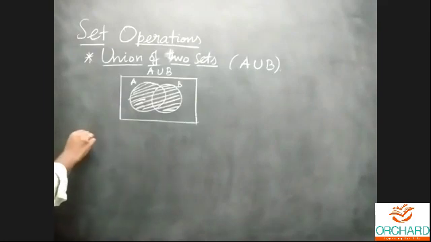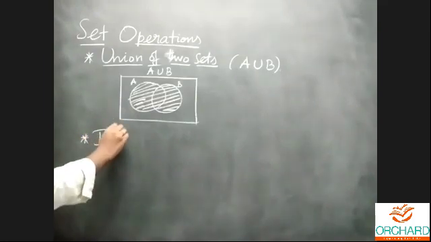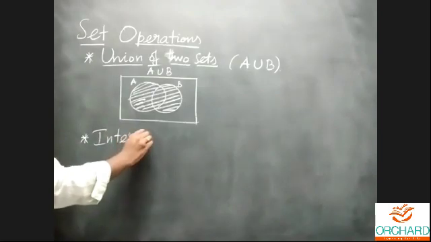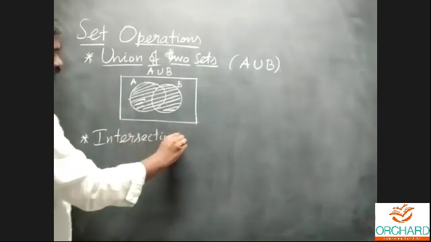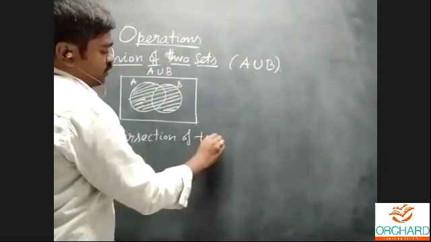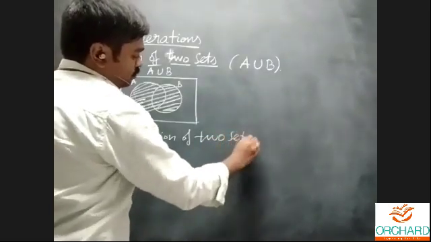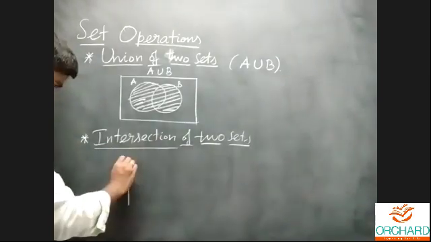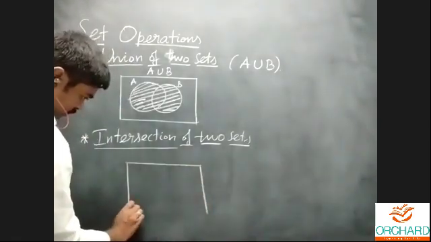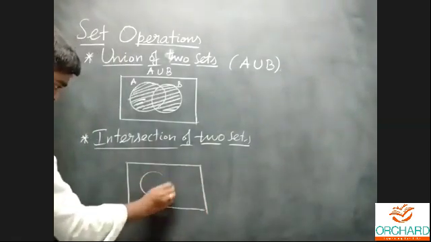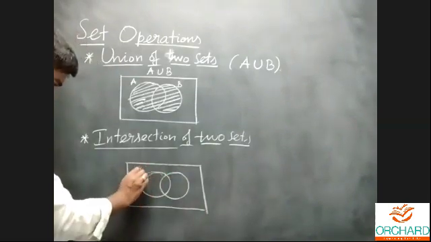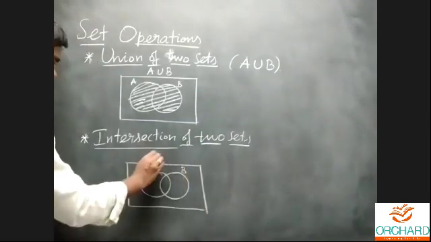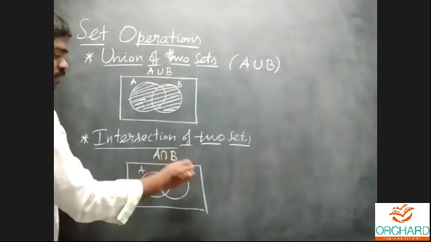Next, intersection of sets, that I'll also explain. Intersection of two sets is also represented in a Venn diagram. Circle A, circle B, A intersection B. How to read the symbol?